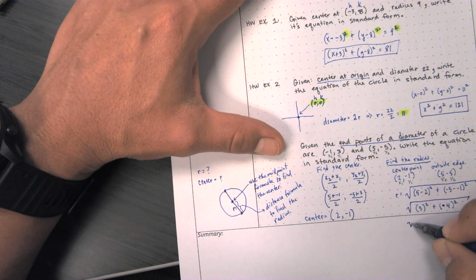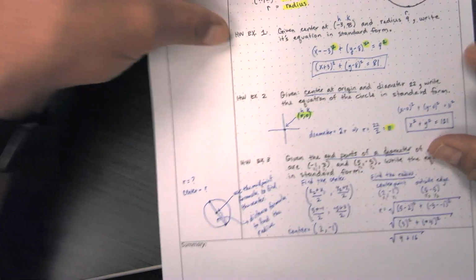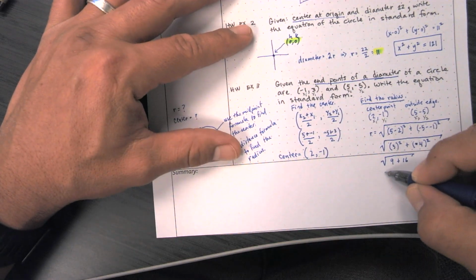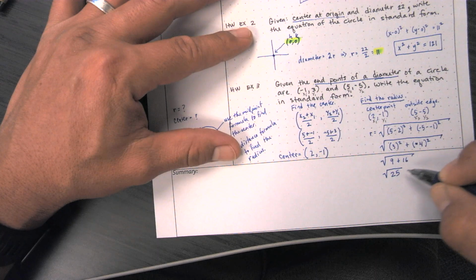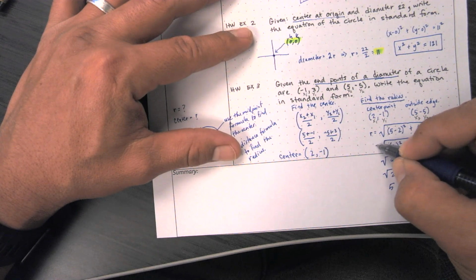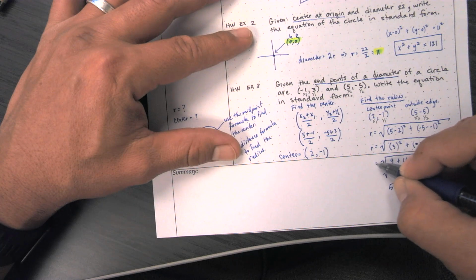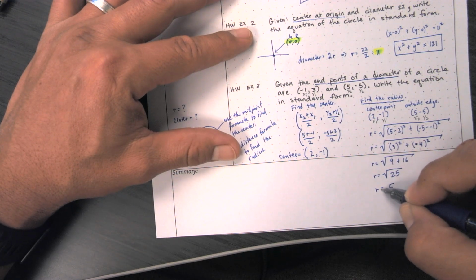Then from there we keep simplifying. 3 squared is 9 plus 4 squared is 16. Then we get the square root of 25, and the square root of 25 is going to be 5. So our radius is going to equal 5 units.